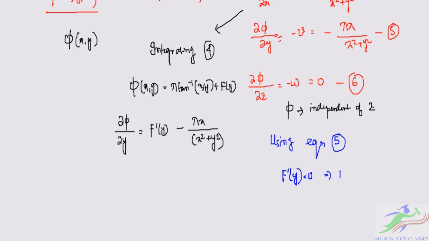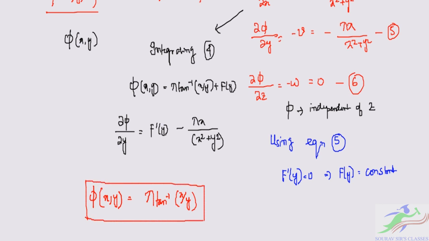So f of y is some constant. So from here we can write that phi of x, y is equal to lambda tan inverse x by y. That is our solution to question 7c.